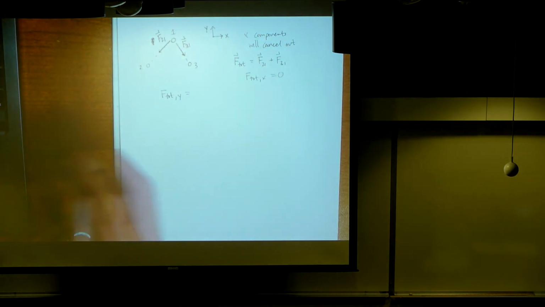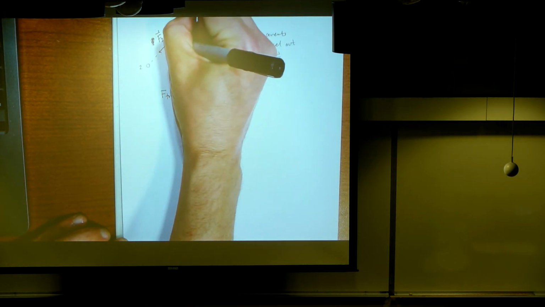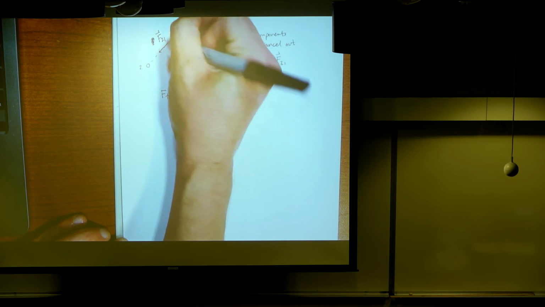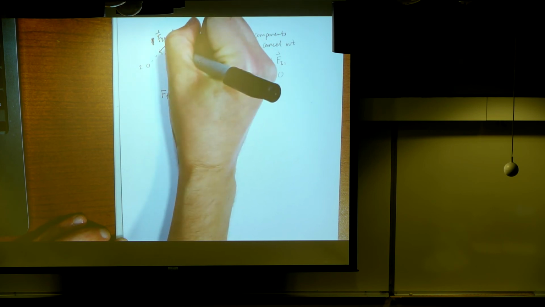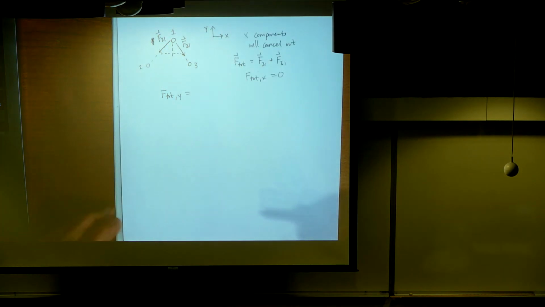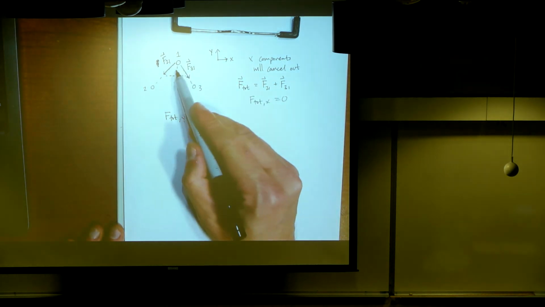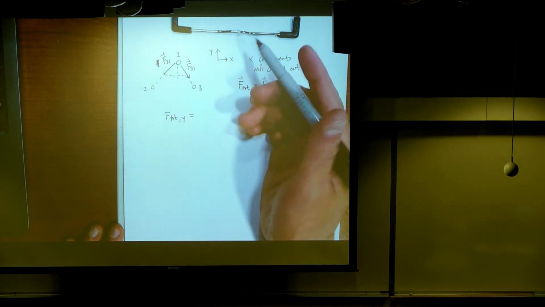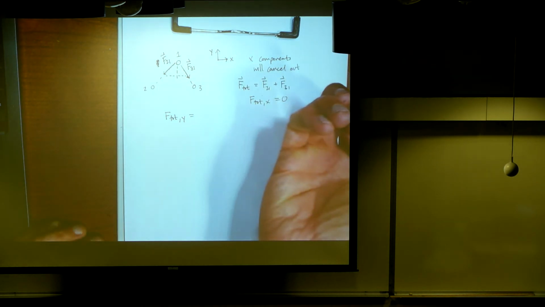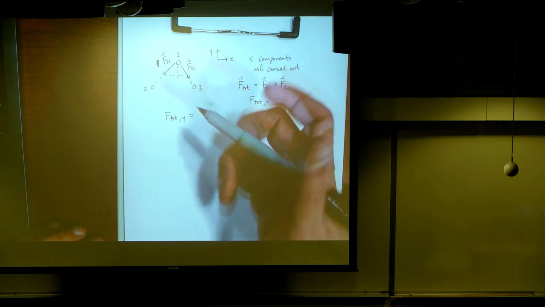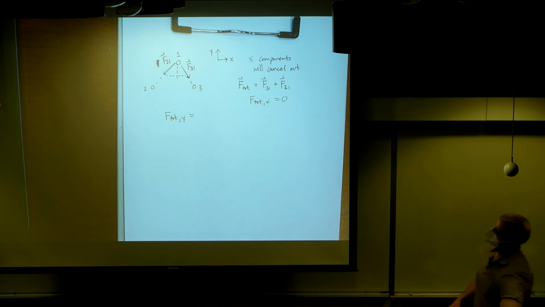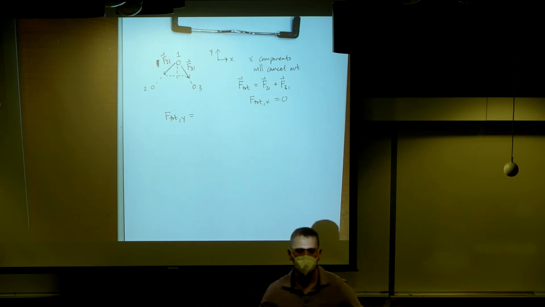Let's try to work out what the Y components actually are. So here, for each of these vectors, the Y component is this piece going right here along the Y-axis. We need some kind of angle to work out components, right? Does anyone know, because we have an equilateral triangle, in the triangle itself, what are the different angles we have? 60 degrees?